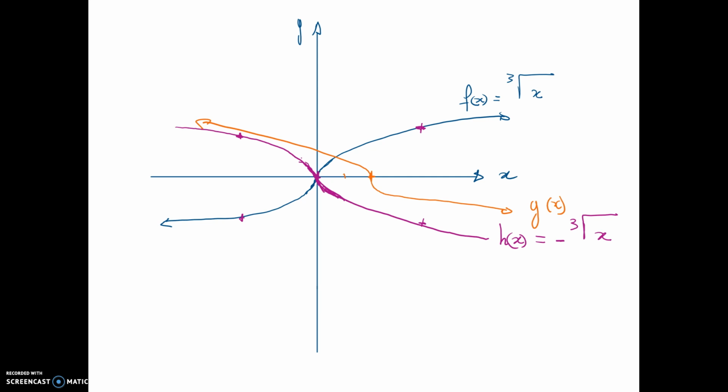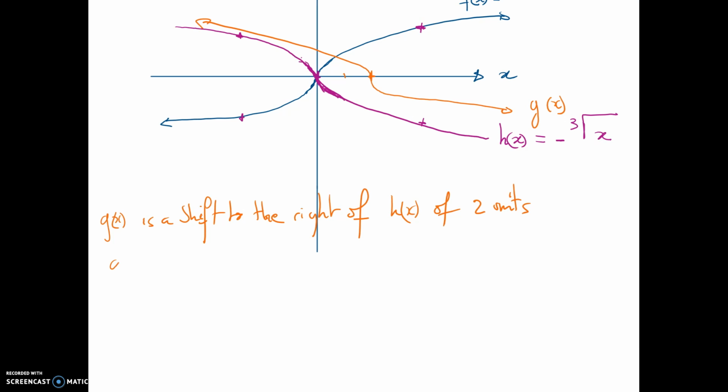And if I have a shift to the right, that means that a new function, g of x, is a shift to the right of h of x of 2 units. So that means that basically I'm dealing with g of x equal h of x minus, because I'm going to the right, 2.